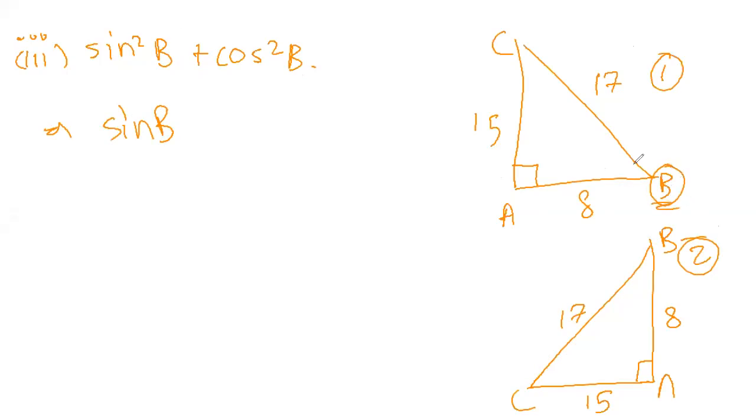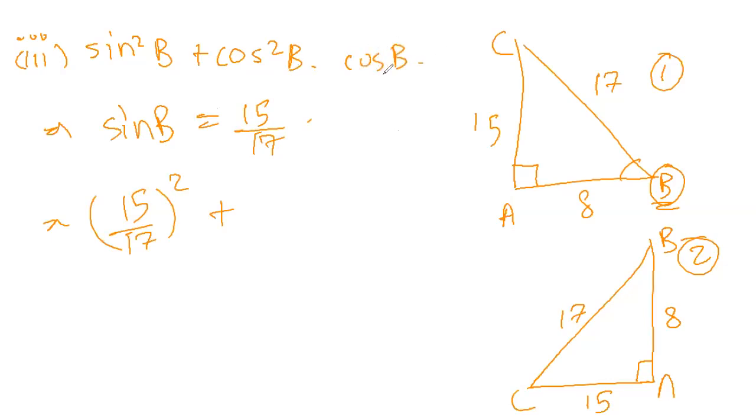So with respect to angle B, sine B is perpendicular upon hypotenuse. So 15 upon 17. Now, once we have found sine B, sine square B basically means 15 upon 17 whole square, plus cos square B. So cos B, it basically says that this alphabet should be on the ground.